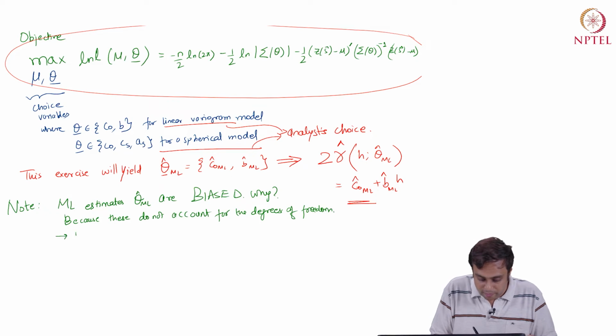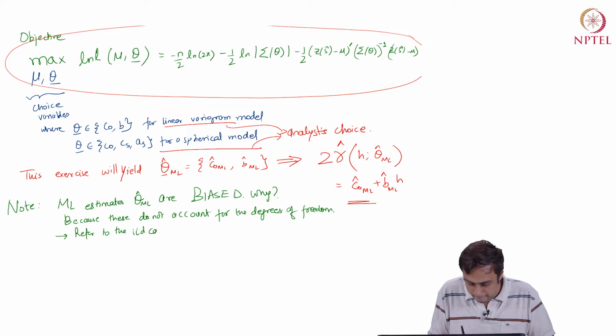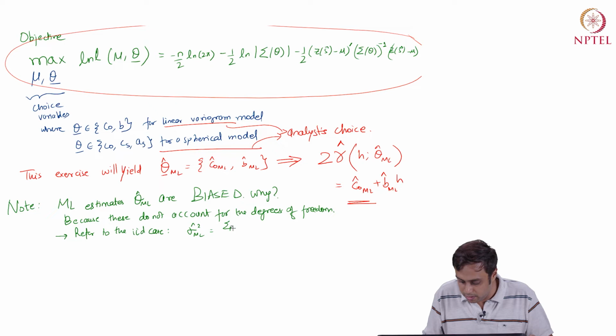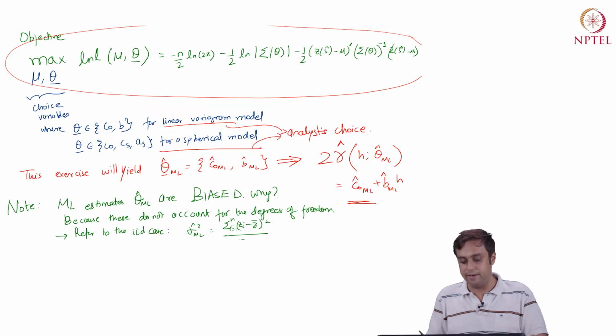For this we will refer to the IID case, where we had sigma hat squared ML equals summation i equals 1 to n, z i minus z bar the whole square, divided by n.